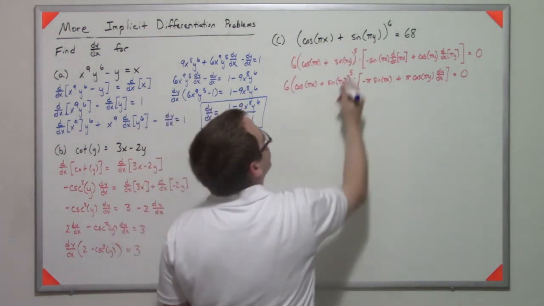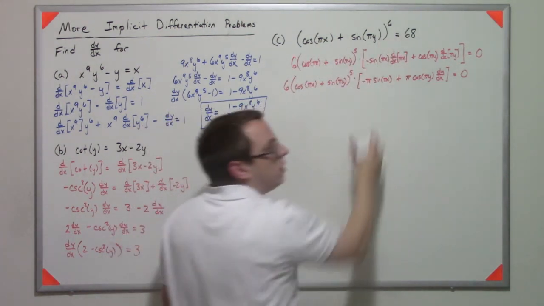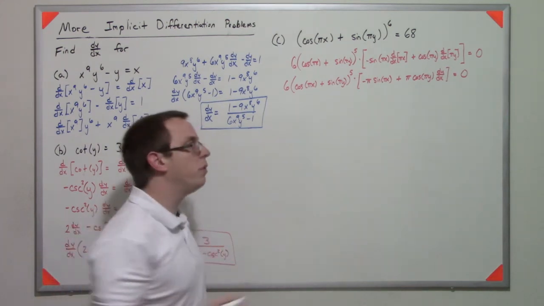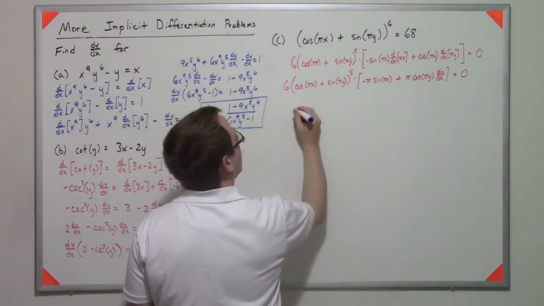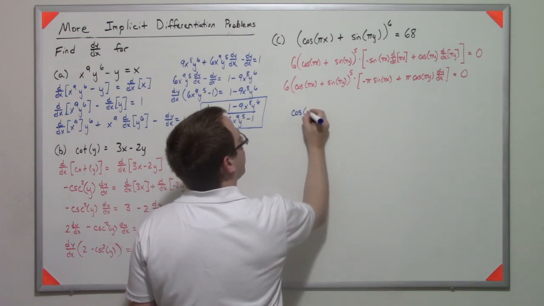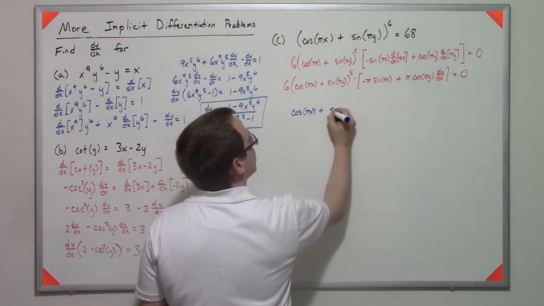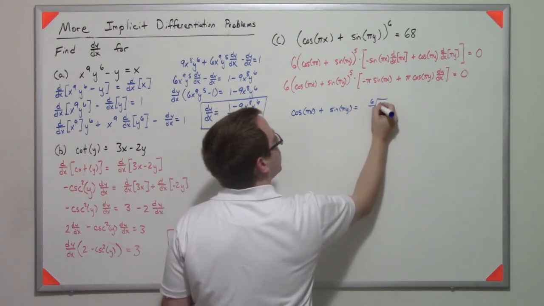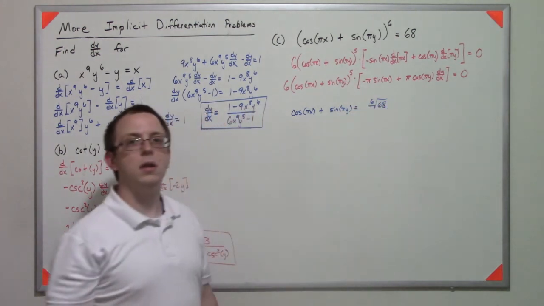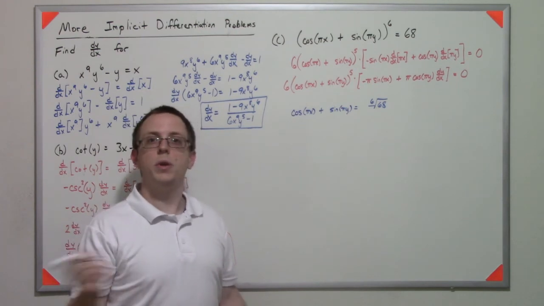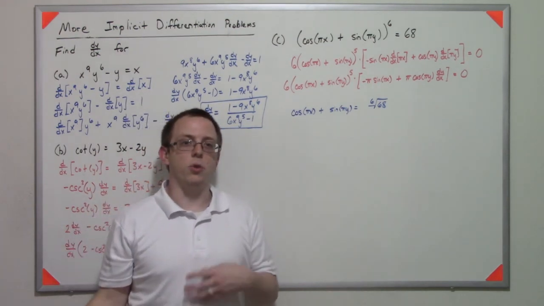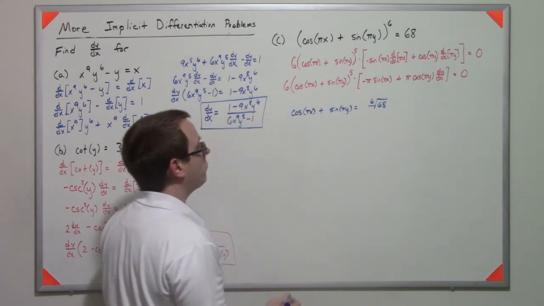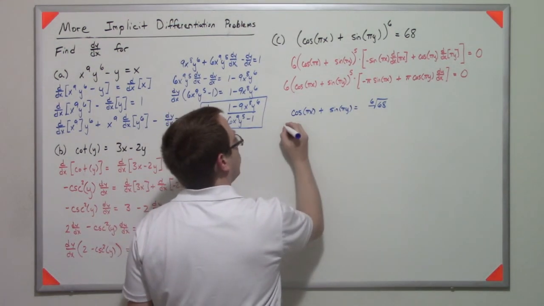Let's do this the easy way. Well, I have this equation defined here. So why don't I just take the 6th root of both sides? Why don't I just say cosine of pi x plus sine of pi y equals the 6th root of 68. Now when I take the derivative with respect to x on both sides, that's going to be 0.